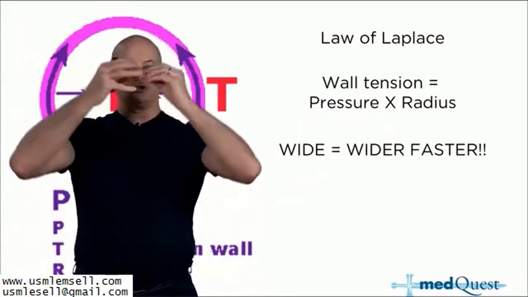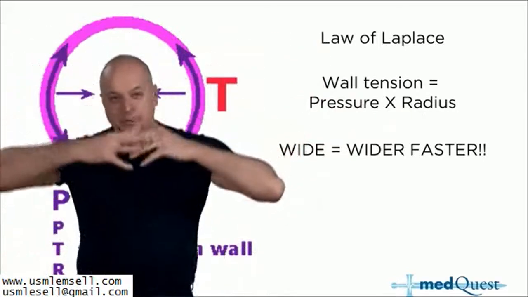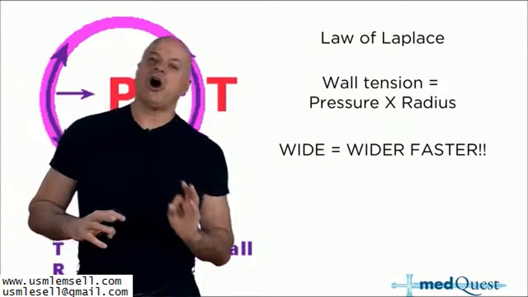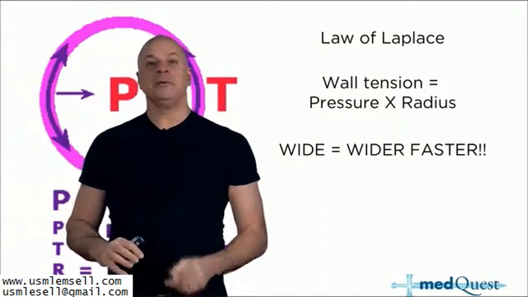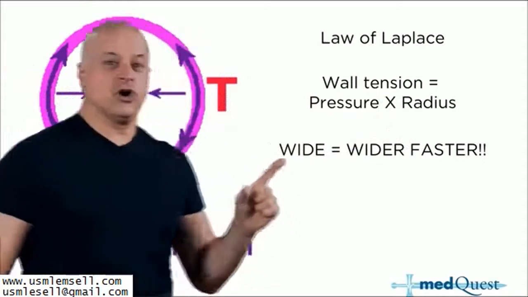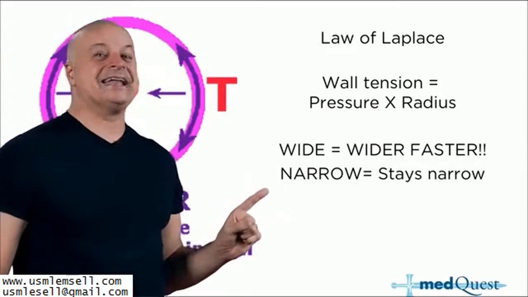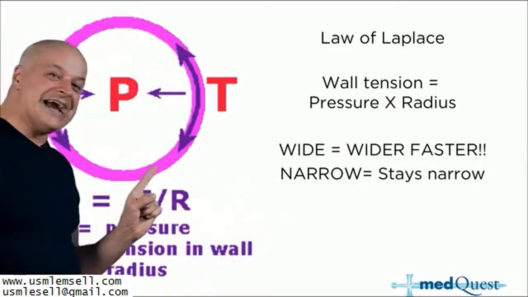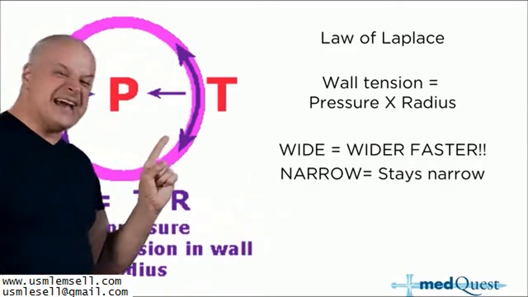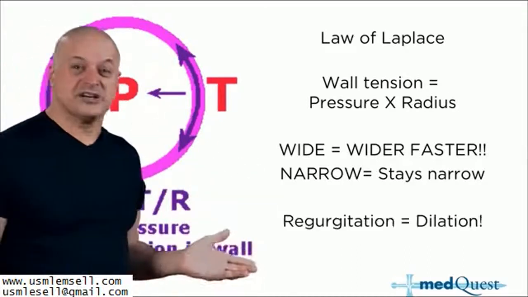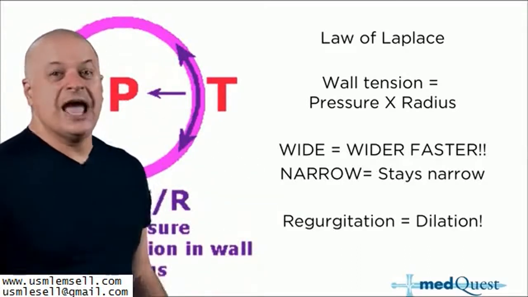When balloons blow up, they blow up even faster at the end. Small balloons are hard to inflate. Big balloons are easy to inflate because wide dilates and narrow collapses. That's why when people get dilated aortas and dilated hearts, they tend to dilate faster and faster, and then you die.